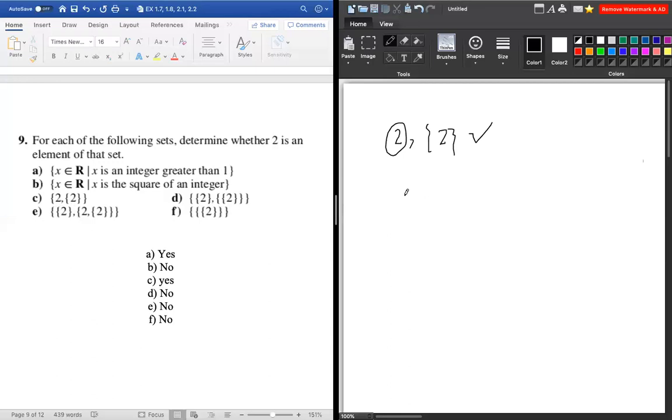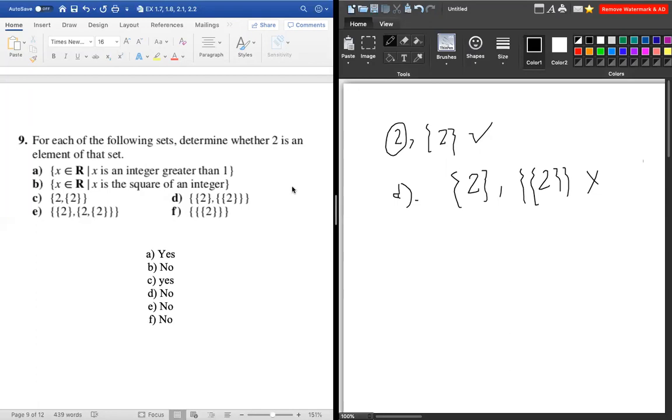In part D, the member of the set is a set itself, which contains 2, and then it has another set in which there is another set which contains an element 2. Therefore, this is not true.